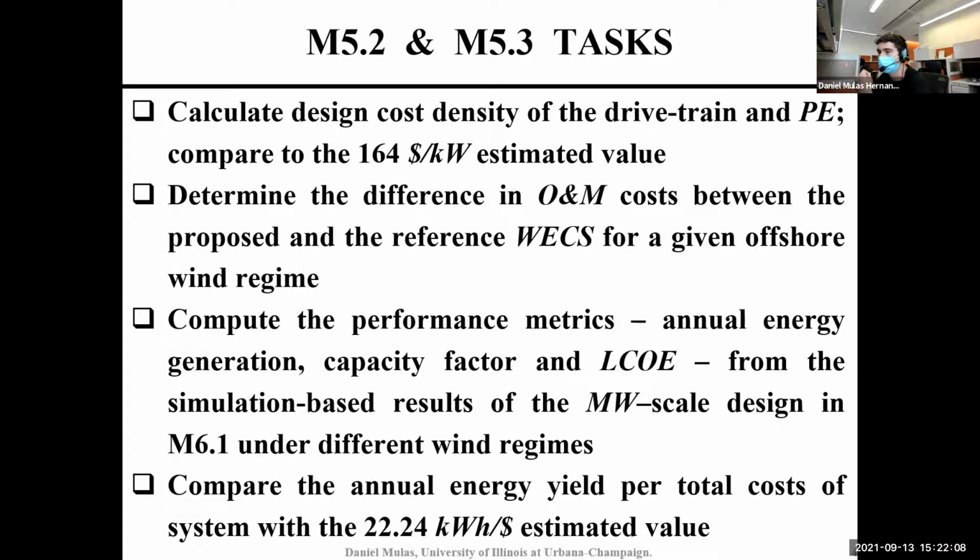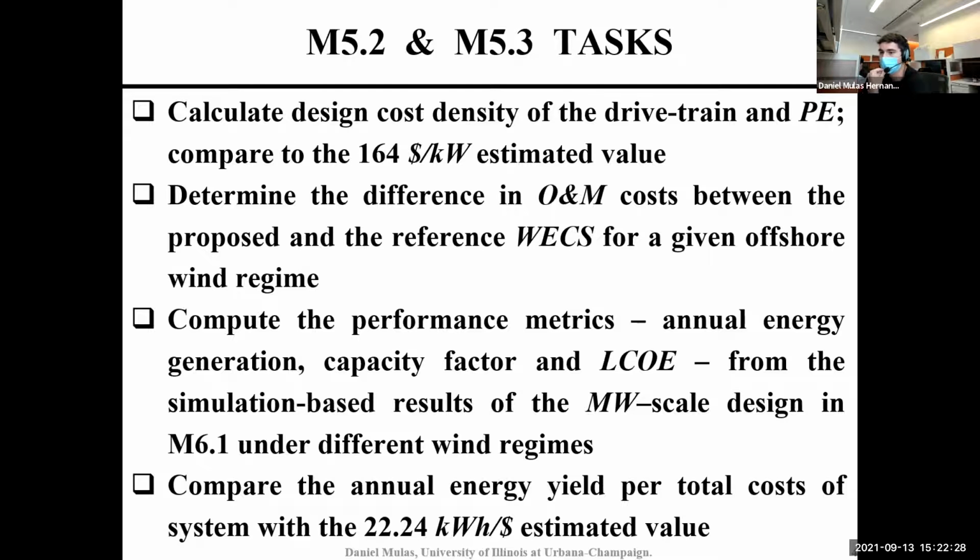First, we have to calculate the design cost density of the proposed system and compare it with the value that appeared in the proposal, which is $164 per kilowatt. Then we calculate the operational maintenance cost of the reference and the proposed design, and we compare them.